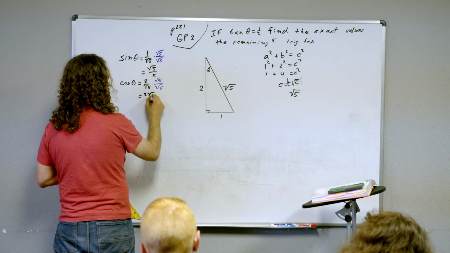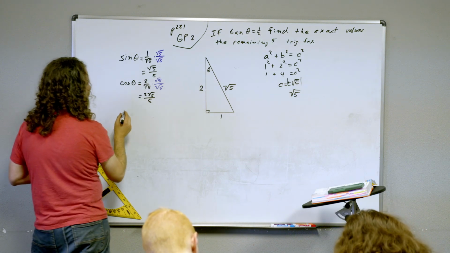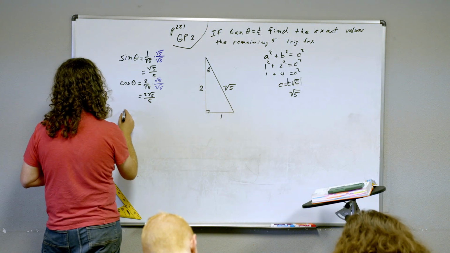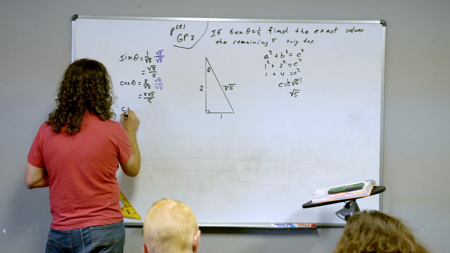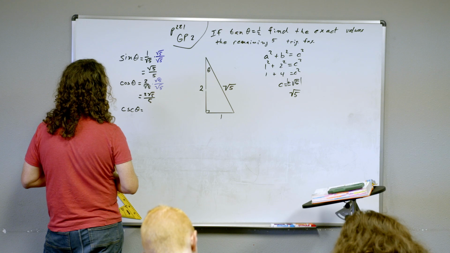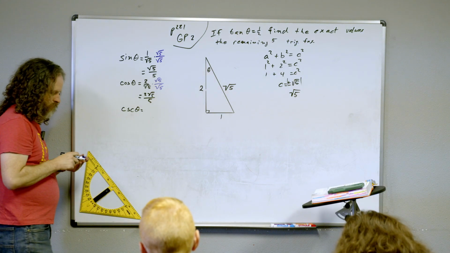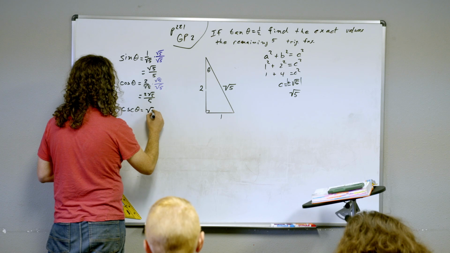So 2 times the square root of 5 over 5. And the tangent we already know, so skip it and come back. Cosecant would be what? The square root of 5 over 1. Yes, which would just be the square root of 5, right?